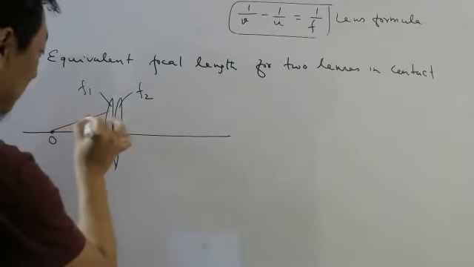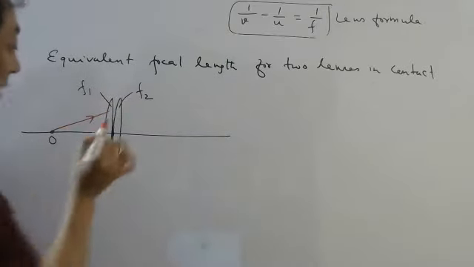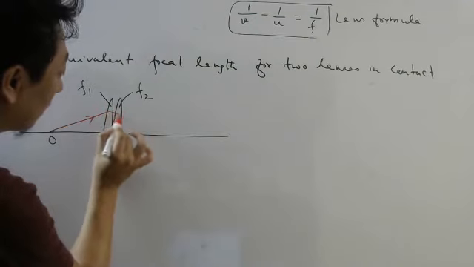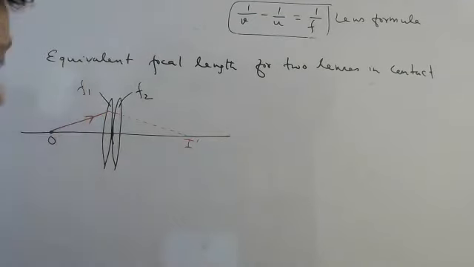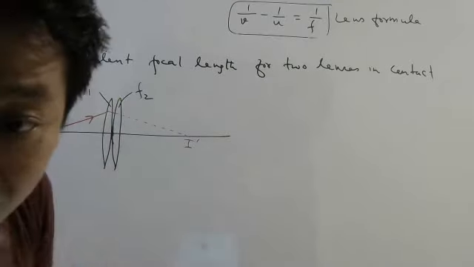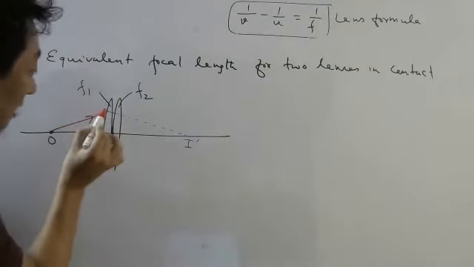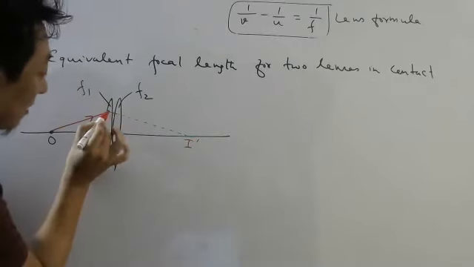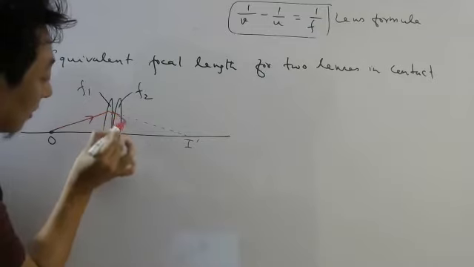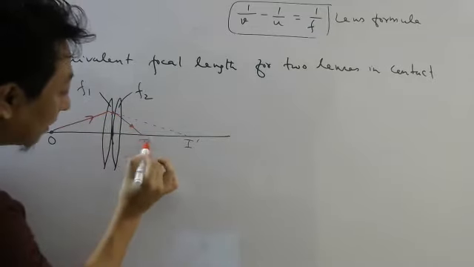So this single lens would form the image here, I dash. Okay. So if the second lens was not there, the first lens will form image I dash. But since the second lens is there, this light will further refract and the image will be formed here.